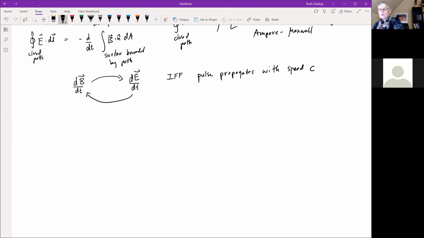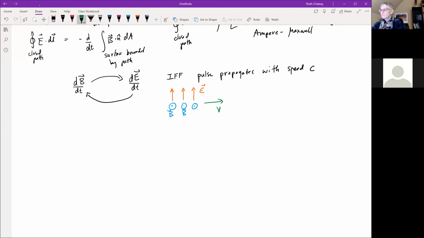And we saw that a very simple configuration of this was simply a region of space where we had an electric field perpendicular to a magnetic field in this region, traveling in a direction perpendicular to both of them.